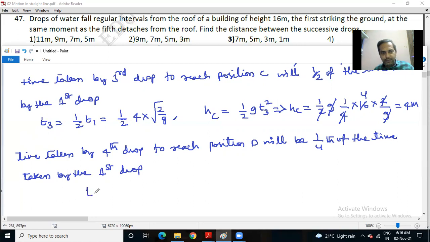So write down T4. T4 is equal to 1 by 4 of T1. But what is T1? Once again, 1 by 4 with 4 under root 2 by g. Now let us find out HD.